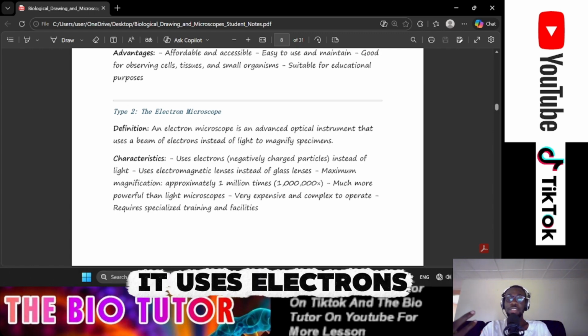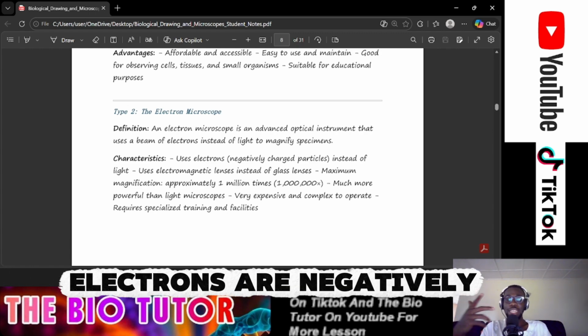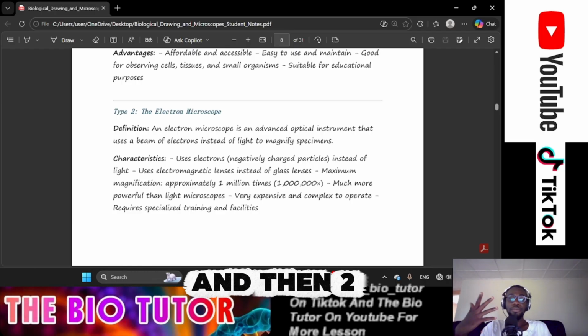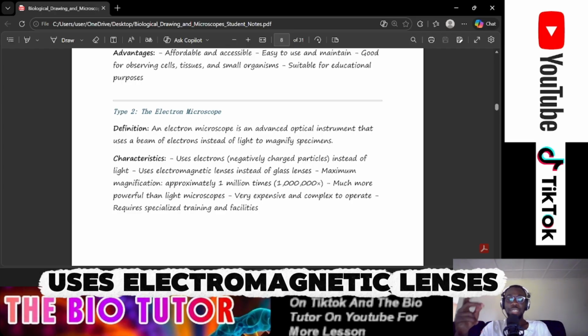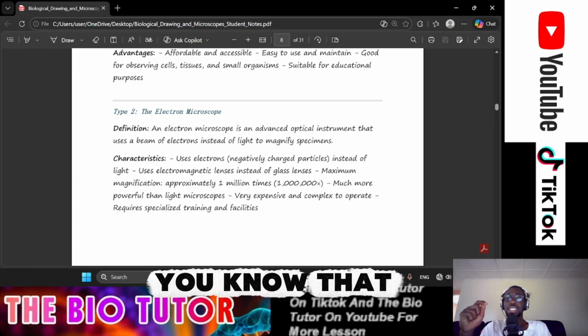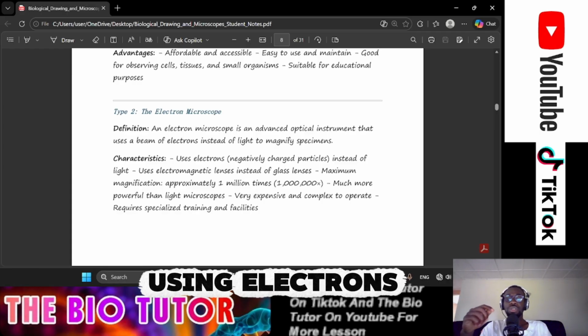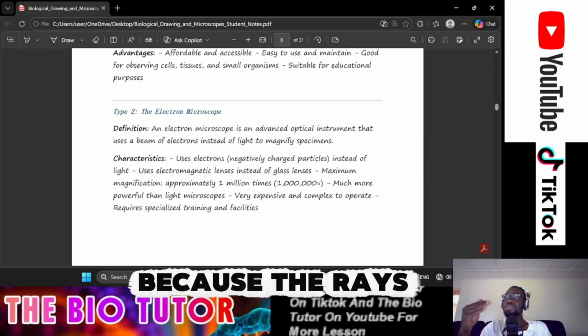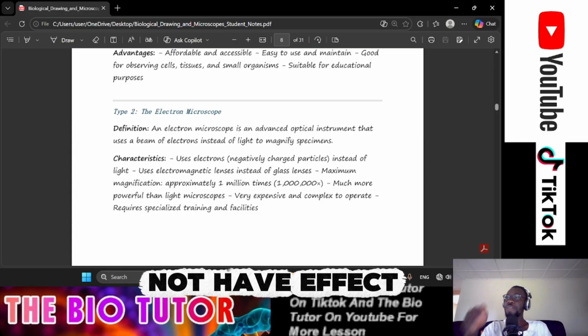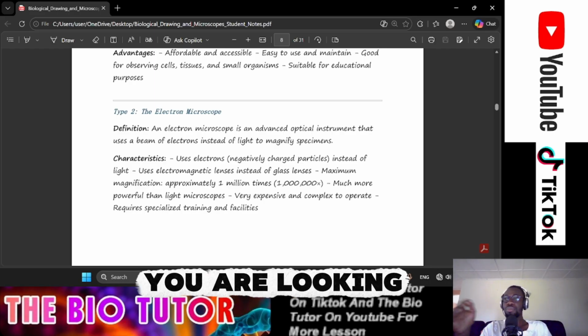It uses electrons. We know electrons are negatively charged particles, so instead of light. And then two, it uses electromagnetic lenses instead of glass lenses. Since it is using electrons, we should upgrade the lens because the rays that pass through might not have an effect on the organism we are looking at.